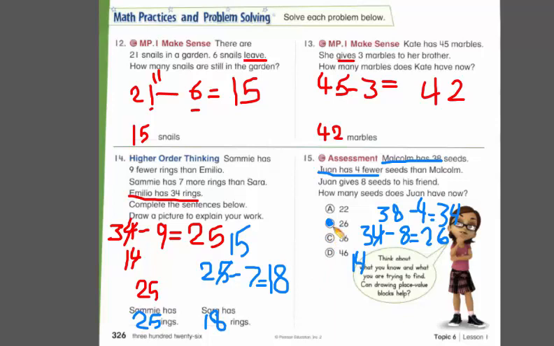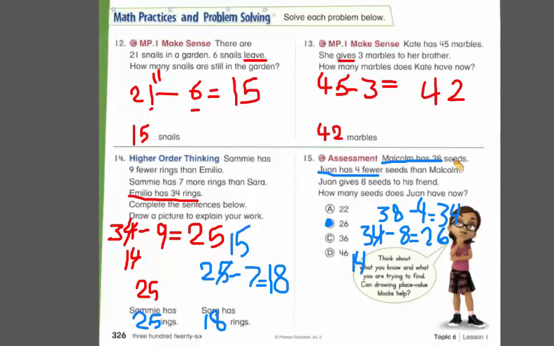One more time. Malcolm has 38 seeds. Joan has 4 fewer. When I see the word fewer, I will do subtraction. So 38 minus 4, so Joan has 34. You agree? Okay. Joan gives 8 seeds to his friend. When I see the word give, it means subtraction.